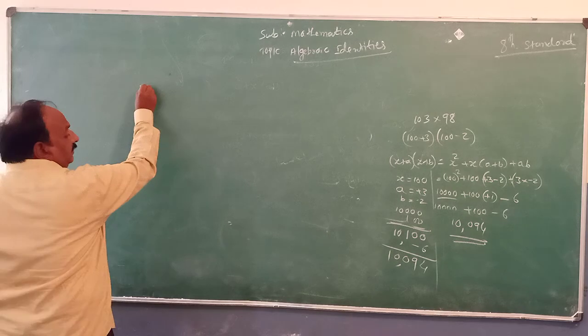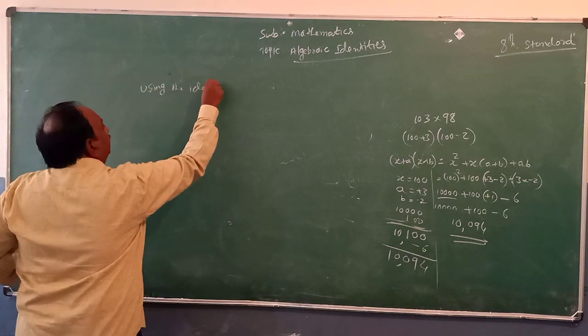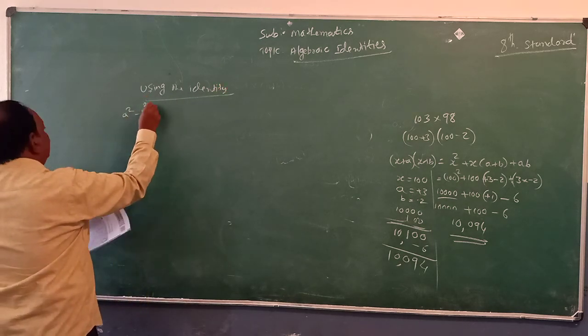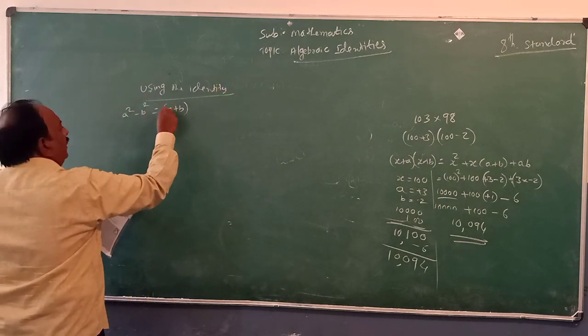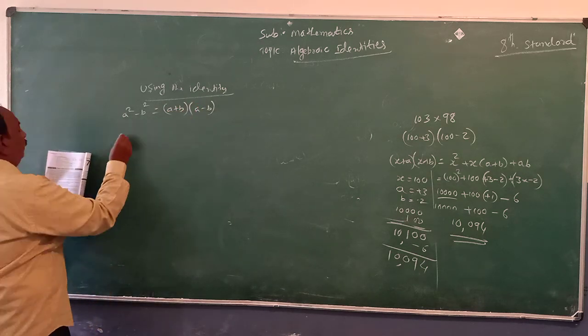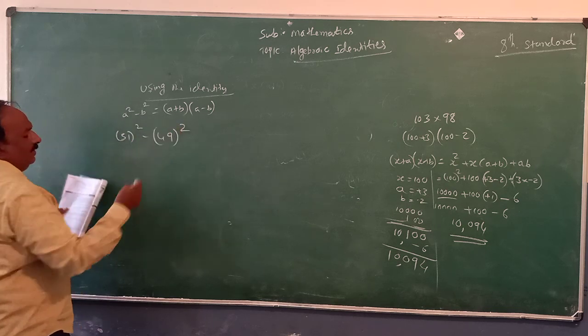Next, using the identity a² - b² = (a + b)(a - b): 51 whole square minus 49 whole square.